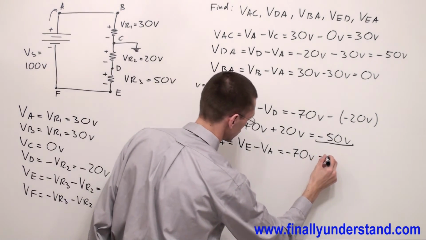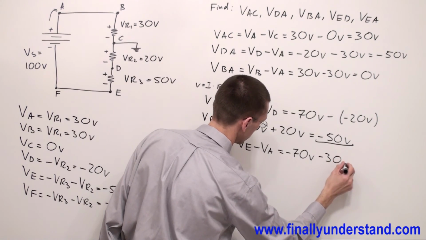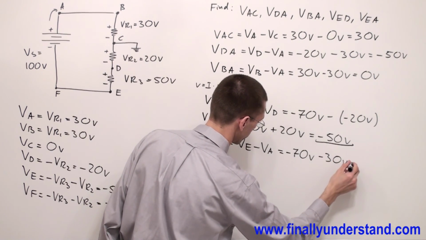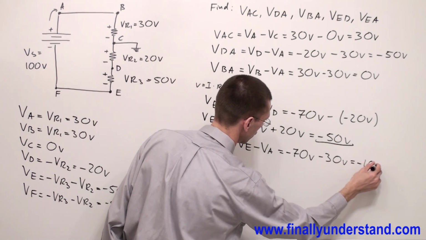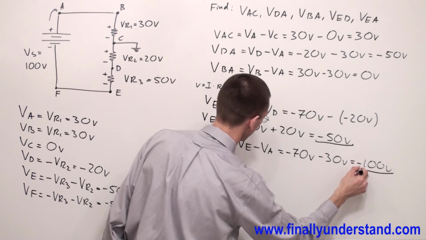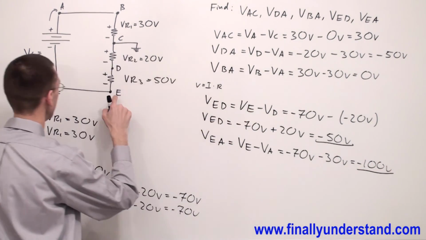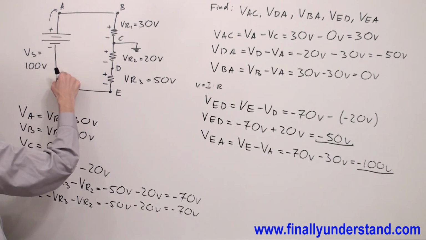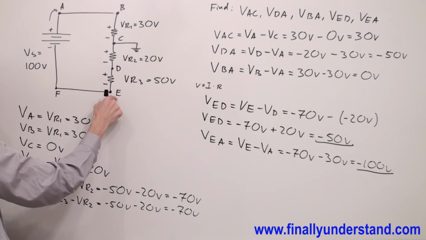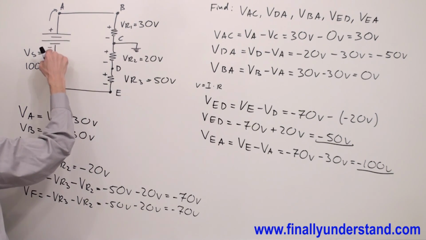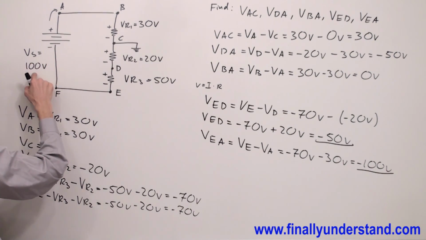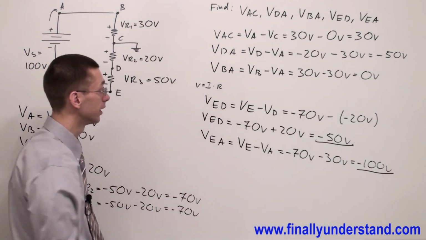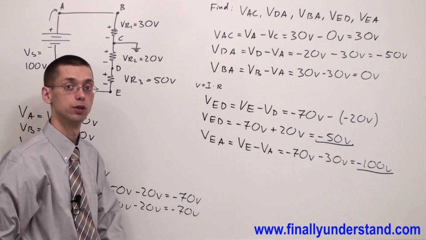So I have minus 30 volts, which equals negative 100 volts. VEA is the voltage across the voltage source. But this time we have to go from E to A. That's why we have a negative sign. That's why we have negative 100 volts. And these are the solutions to my problem.